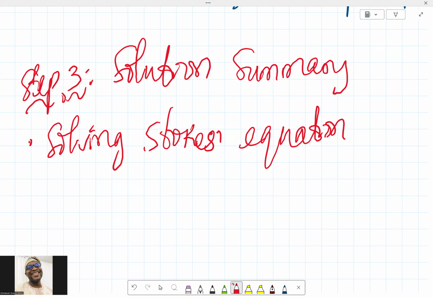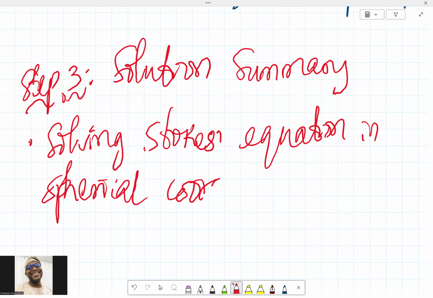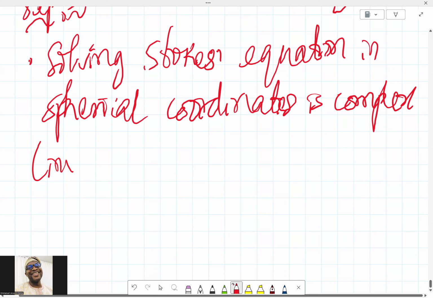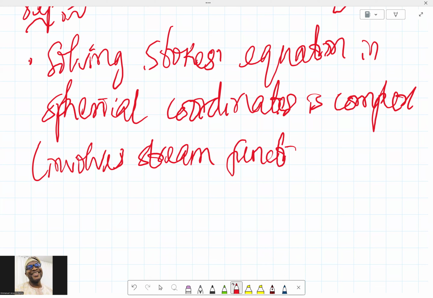Solving the Stokes equation in spherical coordinates is complex, for sure, because it involves stream functions or vector potentials.